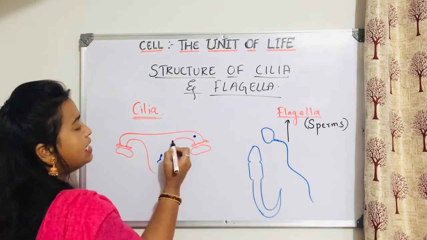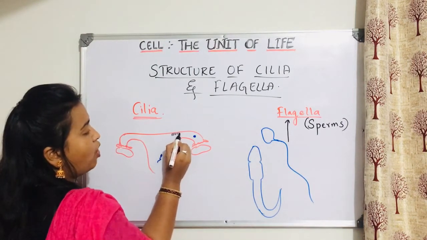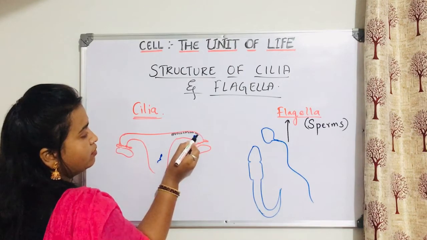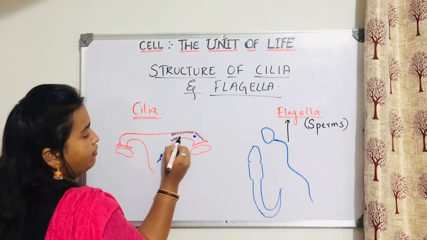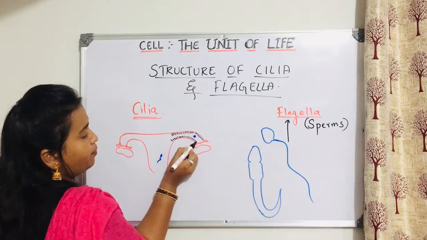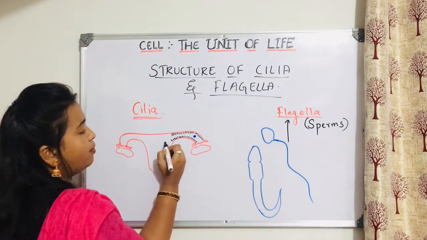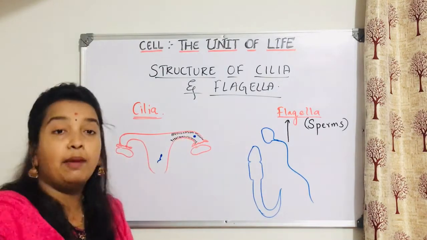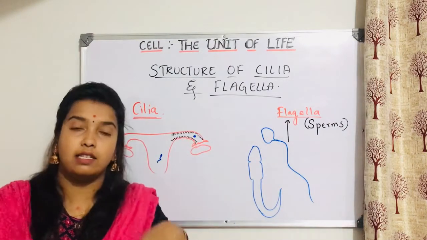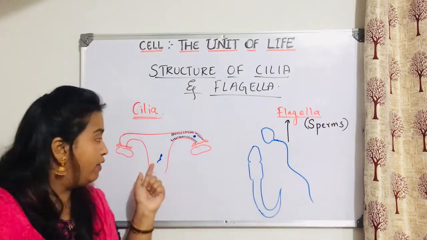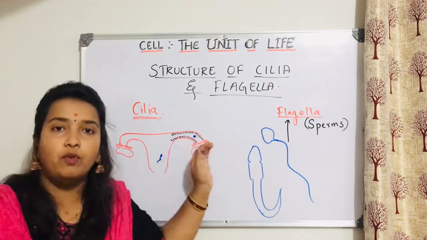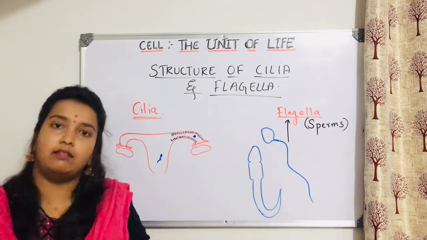If you see inside this fallopian tube, we have small hair-like structures. It is completely filled with these very small hair-like structures. As soon as the sperm reaches here, the cilia move like this. The movement of cilia will aid the sperm to move towards the egg. It's like taking the sperm towards the egg.